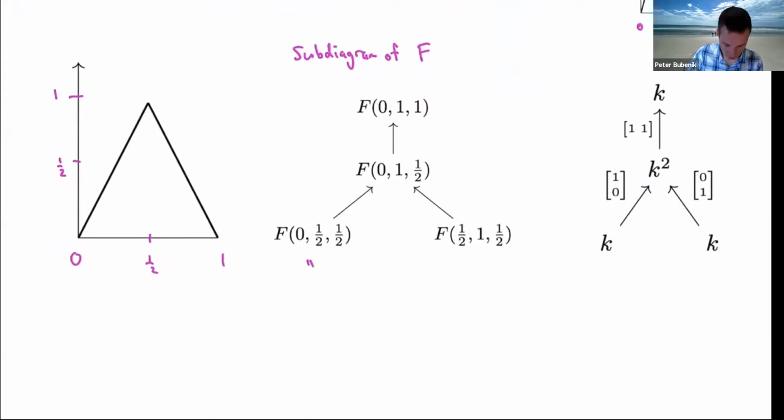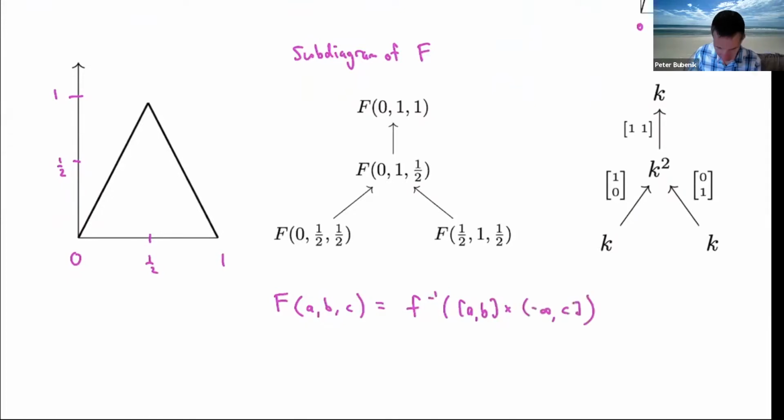Let me remind you that F of A, B, C is equal to F inverse of AB cross minus infinity to C. So what do we need to do?